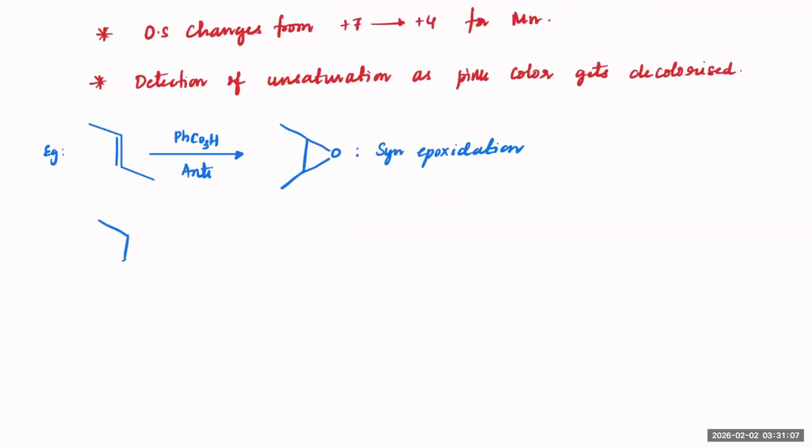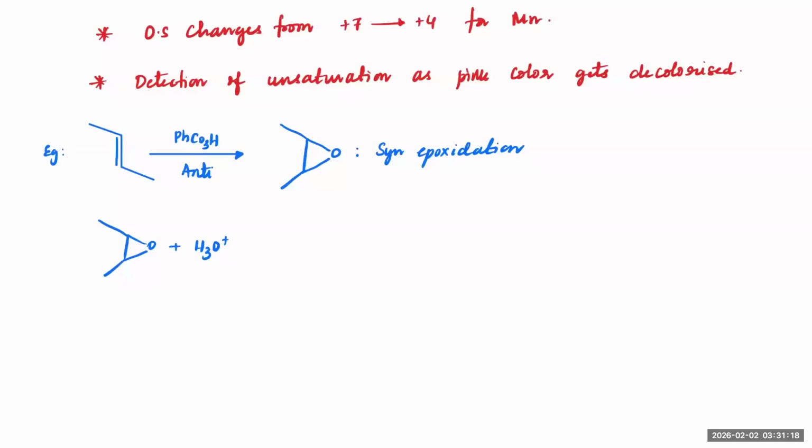And once you get an epoxide here, that's when the hydrolysis is taking place. Through hydrolysis, you will get the OH on both sides here now, like this. You'll get OH and OH here.